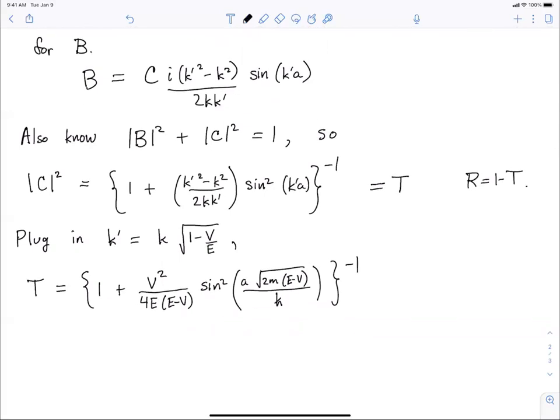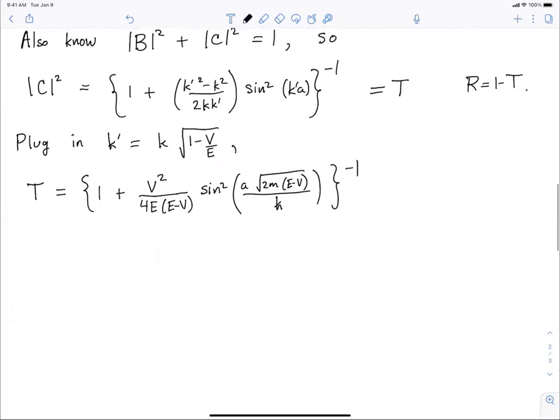Okay, so now we can look at some special cases just to see what happens. A good special case to always look at is what happens in the extreme case of v equals 0. If v equals 0, there's no barrier at all.